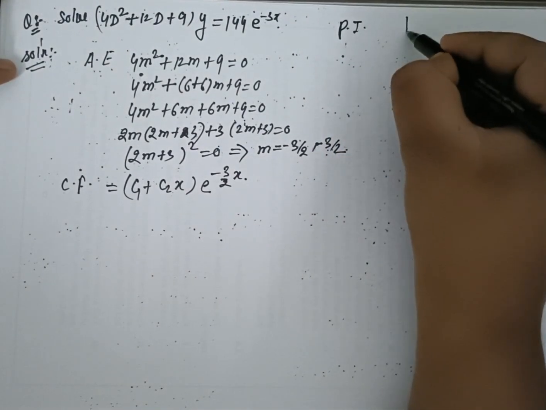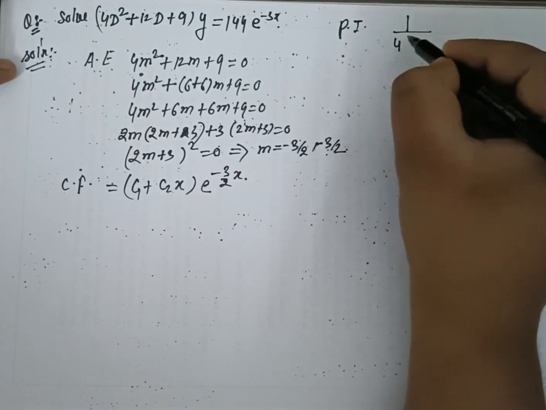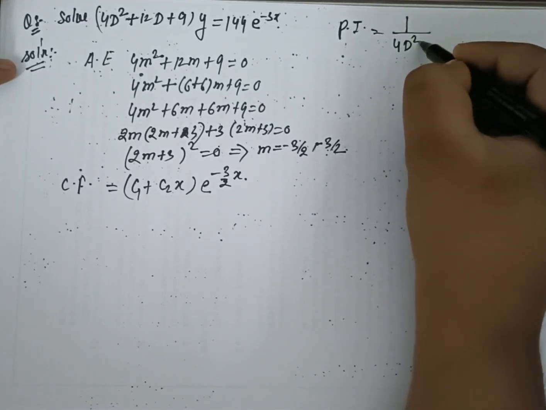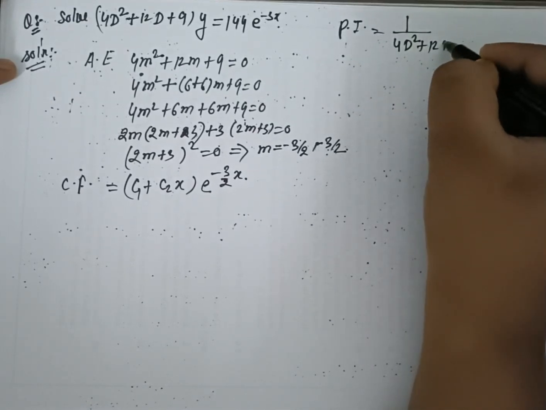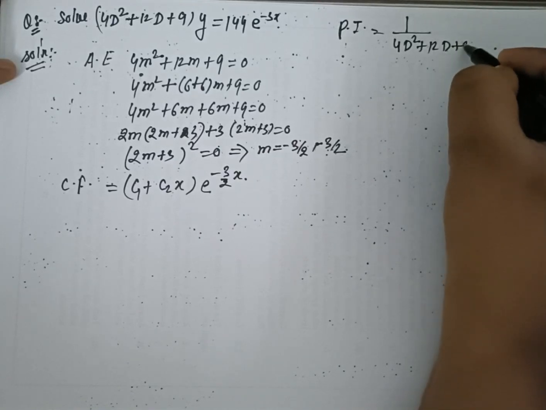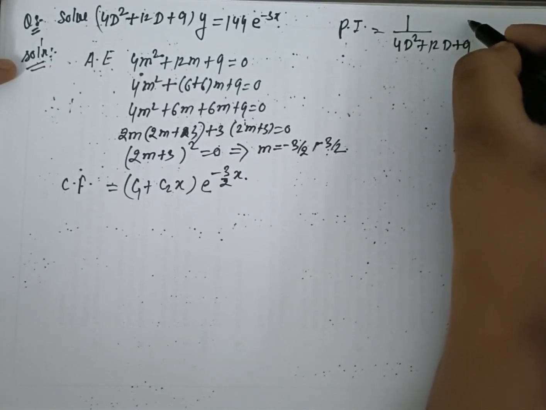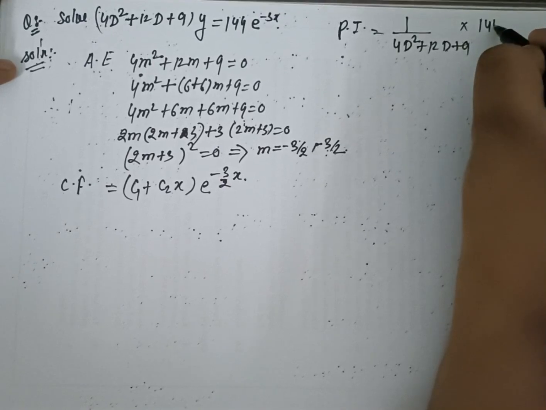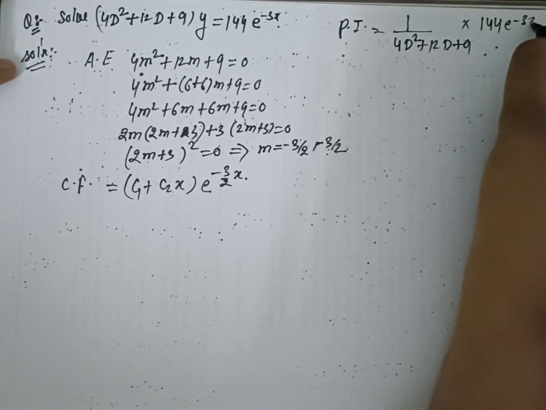We need to find 1 upon (4D² + 12D + 9) times 144 e^(−3x).